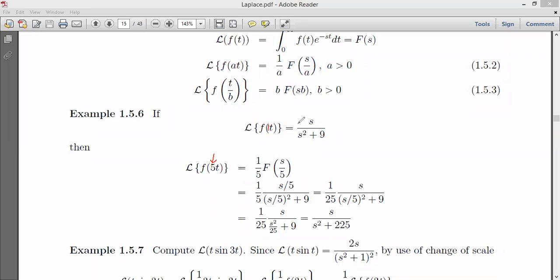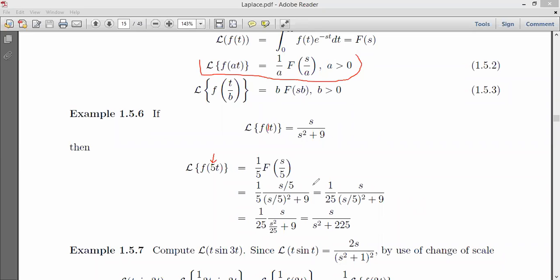Since I already know this one here, I don't have to start from the beginning. I can now use my first property, the change of scale, that one there.